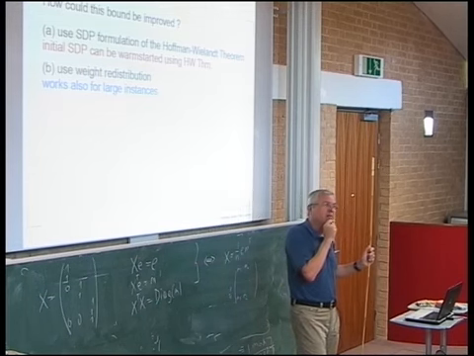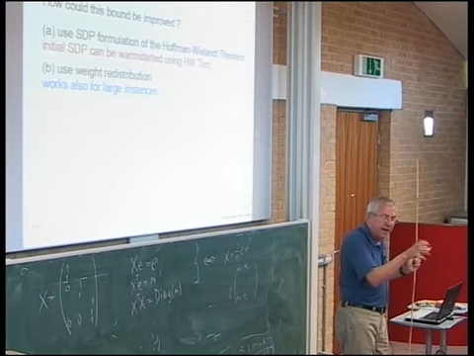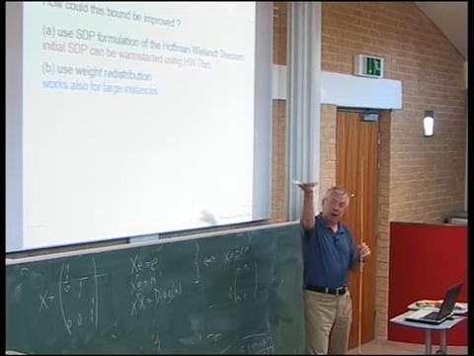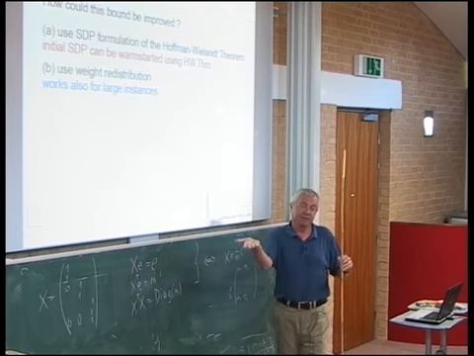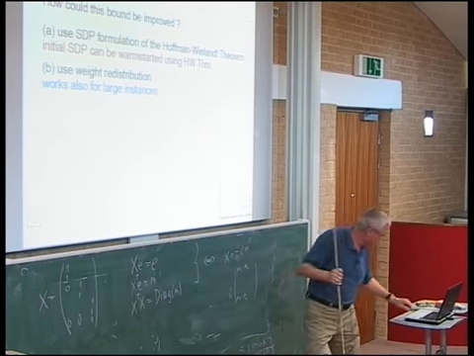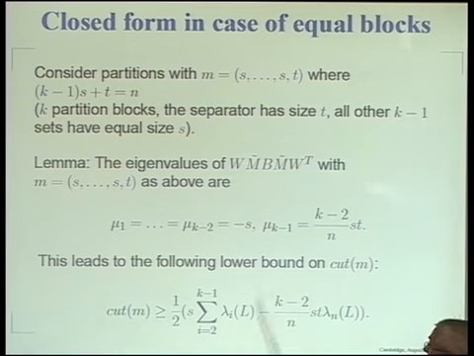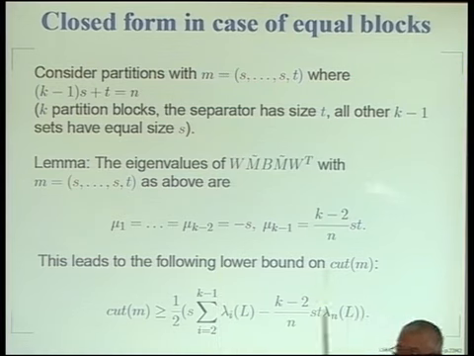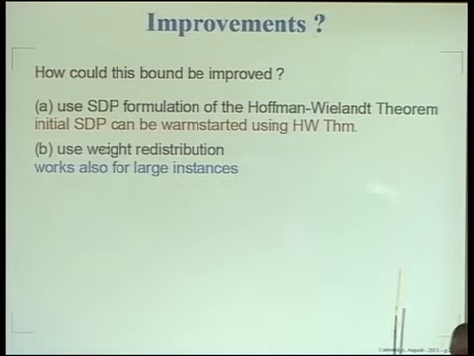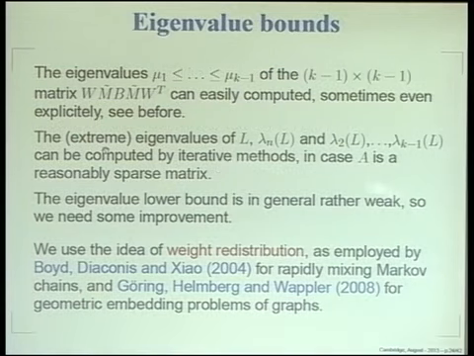What I'm doing now is I try to vary the edge weights in such a way to get the bound better. If my current lower bound is negative, so if this eigenvalue term here is negative, I know nothing, because the cut is at least 0. But by redistributing the weight on the edges, if I could make the lower bound go from negative to positive, I would have gained information. And this is what I would like to do.